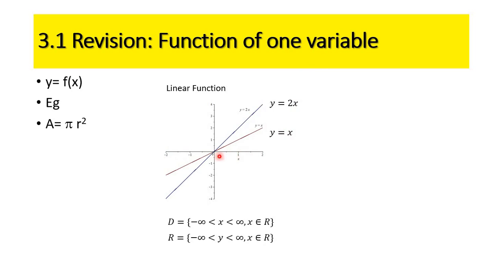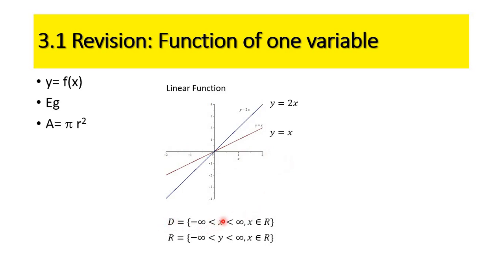In the graph, it takes up all the values of x. All the values of x is not only 1, 2, 3, it's actually all the real numbers of x from the negative side up to the positive side. So that's why D is the domain.